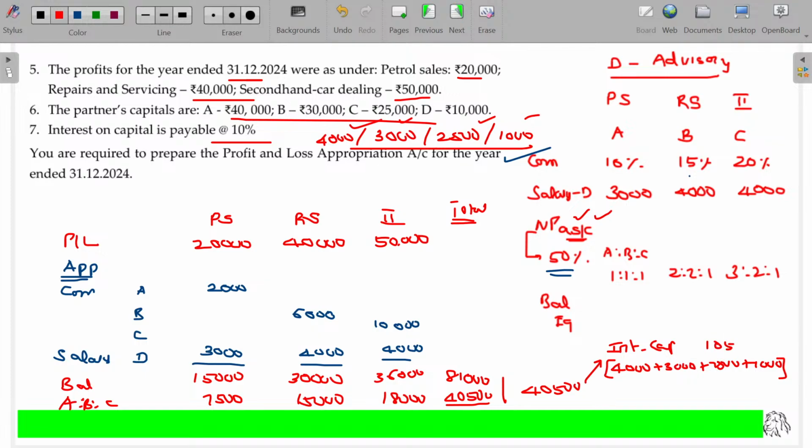Am I right? Balance, how much do I have? 30,000. This 30,000 will be shared among the partners.